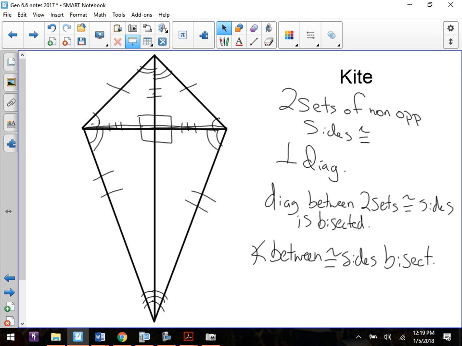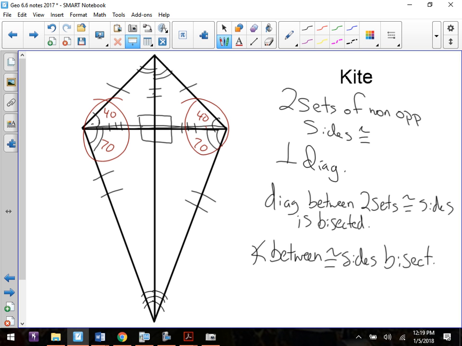And then the only other weird thing that there is, if there can't be more, is, it's kind of easy to show you if I throw numbers at it. If I say that this angle here is 40 degrees, what does this one have to be? 40. If I say that this angle here is 70, what does that one have to be? 70. What's 40 plus 70? Now, those two angles, the two angles that are always between the two sides that aren't congruent, those two bigger angles will always be congruent.